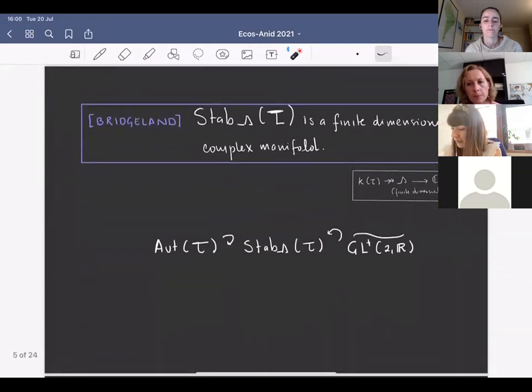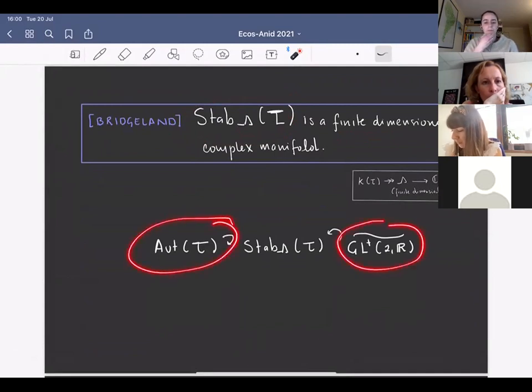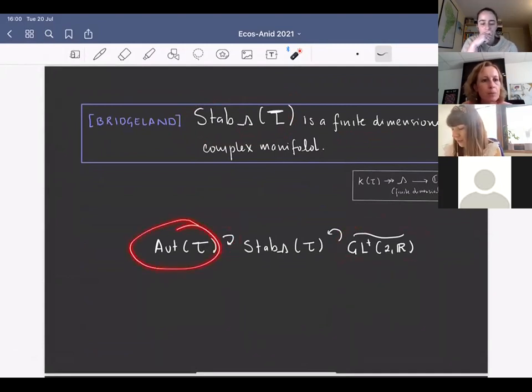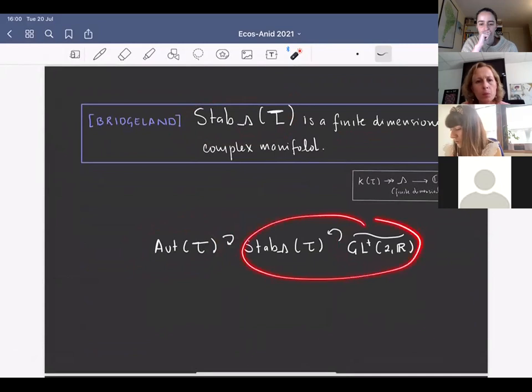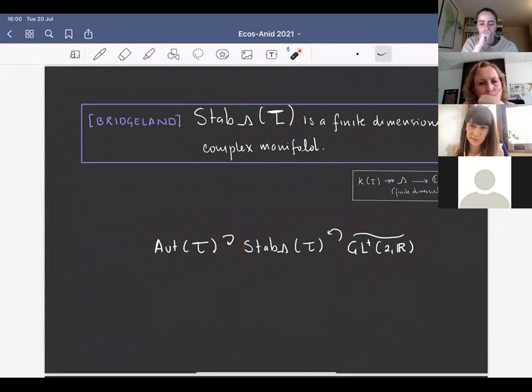So Bridgeland proved that the stability manifold, in convenient cases, is going to be a finite dimensional complex manifold. We also have two groups acting on the stability manifold, the group of automorphisms of T and the universal cover of GL+(2,R). This action, we're going to use more today than the other one.